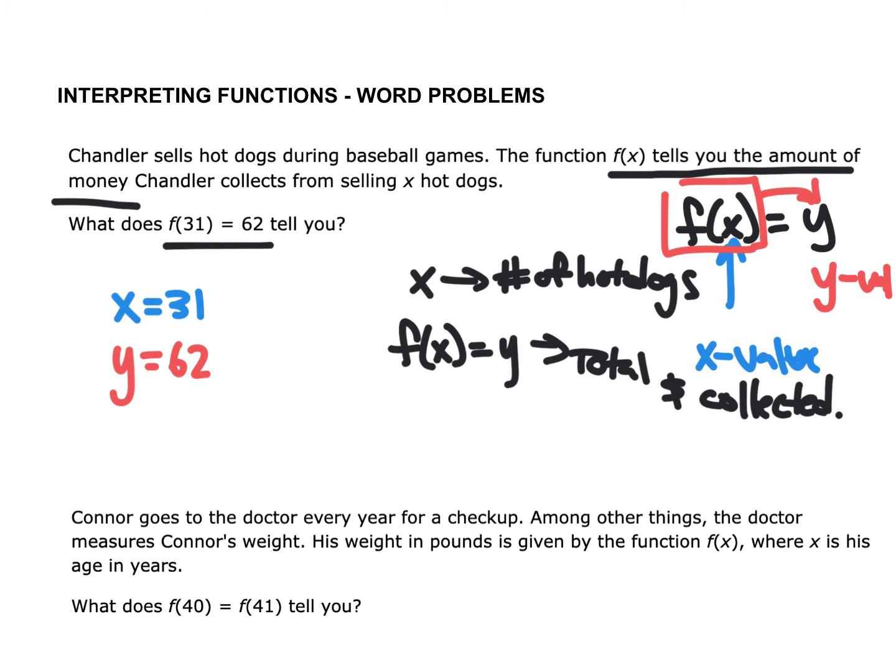So 31 hot dogs and $62 collected, okay? And that's all you're doing. And that's what it means to interpret this function. And then what that means is that you are providing meaning to what these functions are telling you.